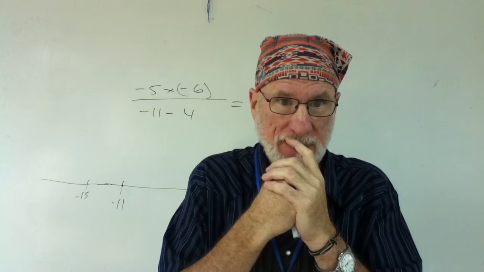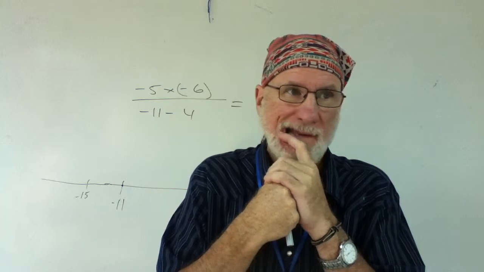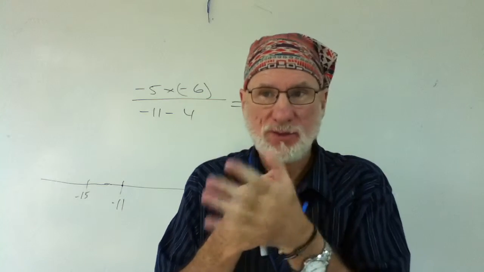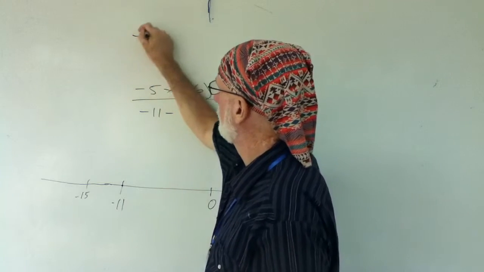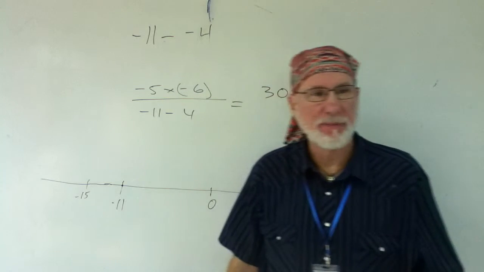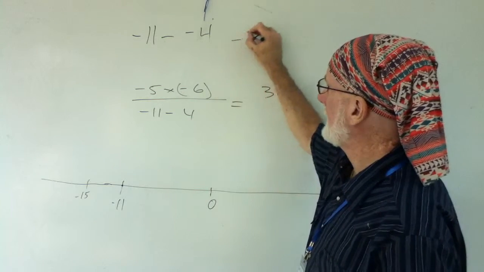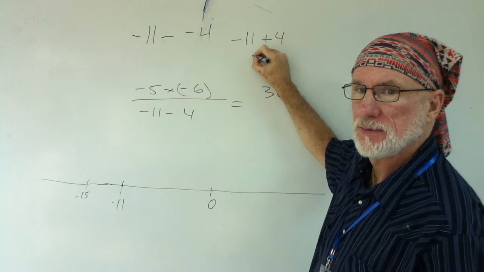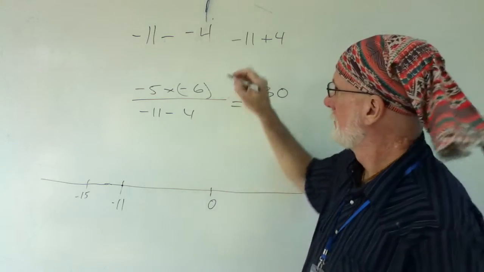Let's say I had a negative 11, minus a minus 4. Wouldn't I rewrite that as plus 4, which is minus 7?